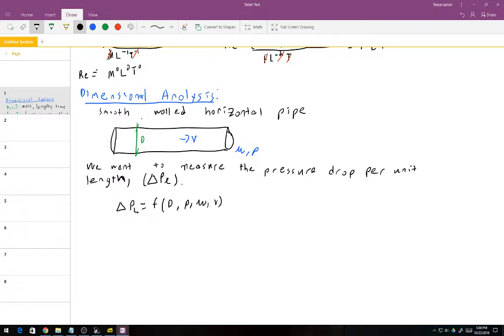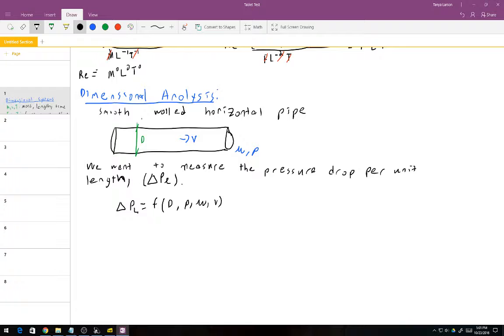So if I want to investigate this one variable at a time, what would that actually take? Well, if I wanted to have just one independent variable, I would have to investigate d while holding rho, mu, and v constant.